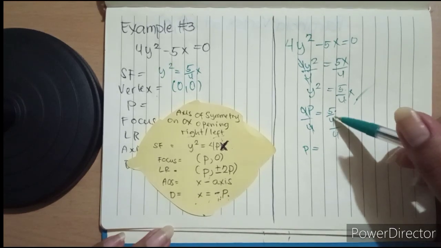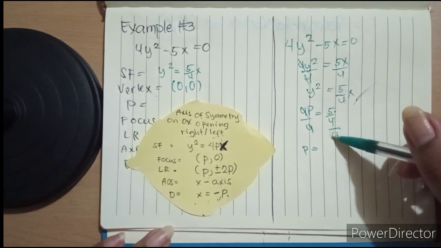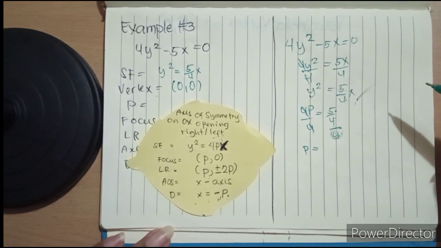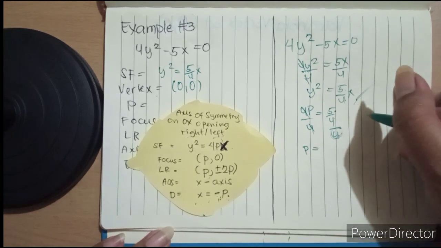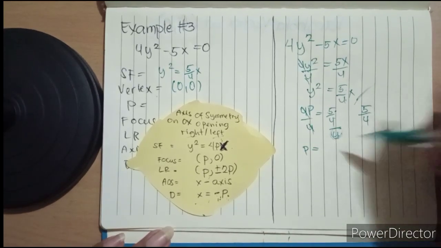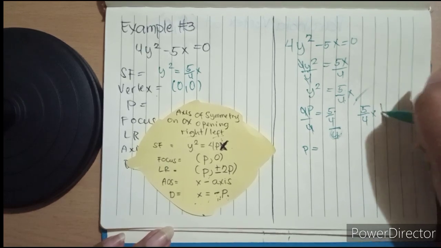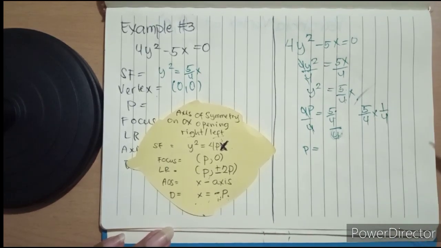Since fraction yon, tapos dinivide natin sa 4, kukunin natin yung reciprocal ng 4 at magpo-proceed tayo sa multiplication. Ang reciprocal ng 4 ay 1/4.